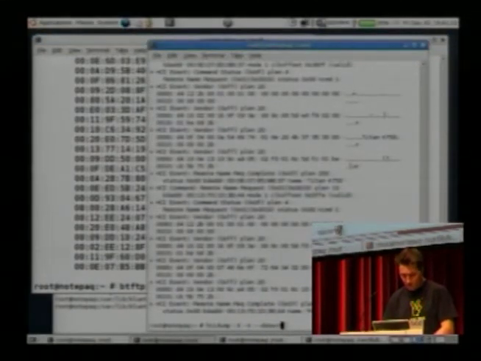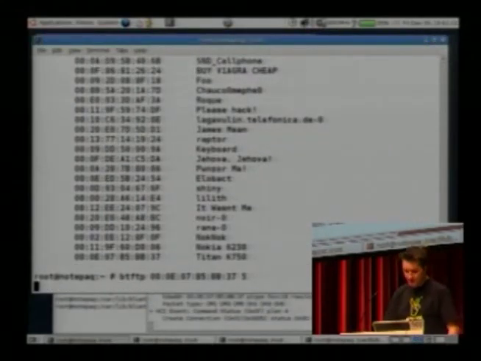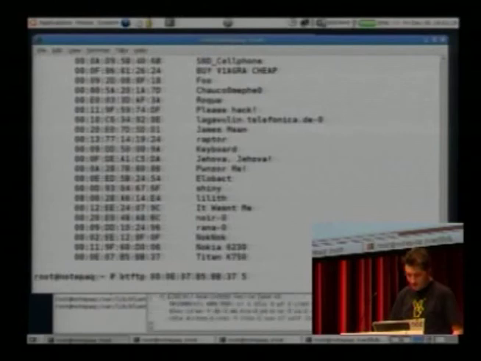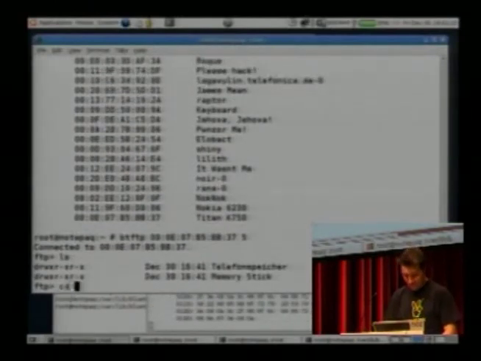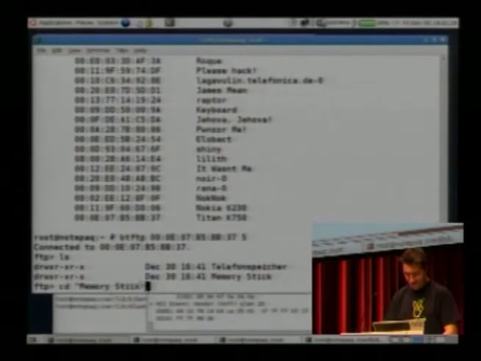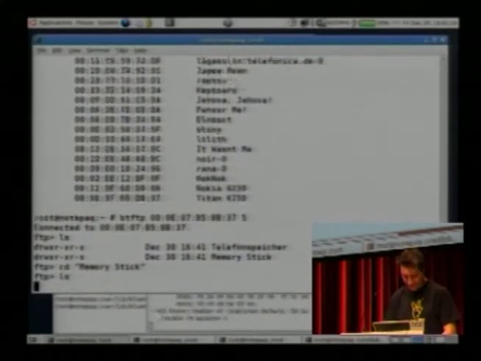Since I'm too lazy to decode by myself, I tell them that there's OBEX running on that channel. All right. Here we go. Silence. Please be quiet. We want to see pictures.